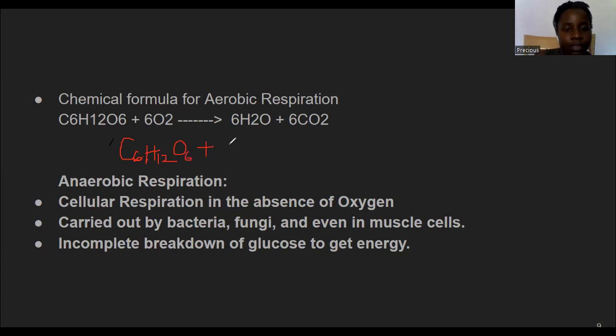Now, if you remember anything from chemistry, you balance reactions, and that's why you have a 6 there, so that everything is balanced. But you're reacting with oxygen, and you're going to end up having some carbon dioxide, 6 CO2, and water.